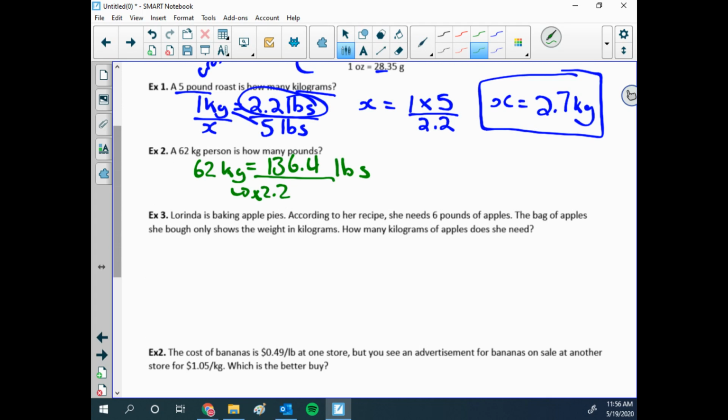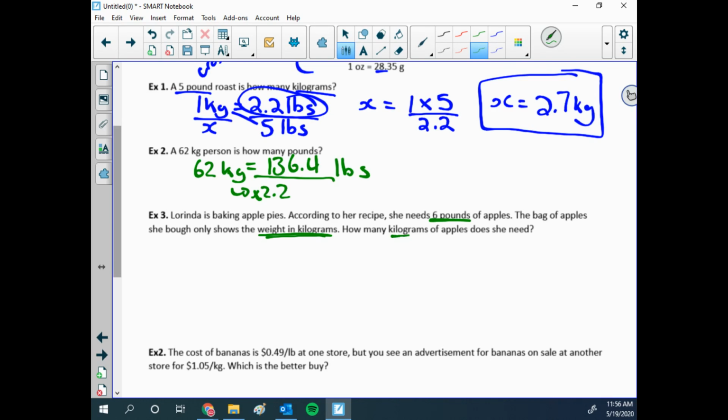All right. Just a few more quick questions. So now some word problems, right? Those other ones are pretty basic. They're just like convert from this to this. Now let's look at something that might have a little bit more words in it. So it says Lorinda is baking apple pies. According to her recipe, she needs 6 pounds of apples. Bags in the store have the weight in kilograms.